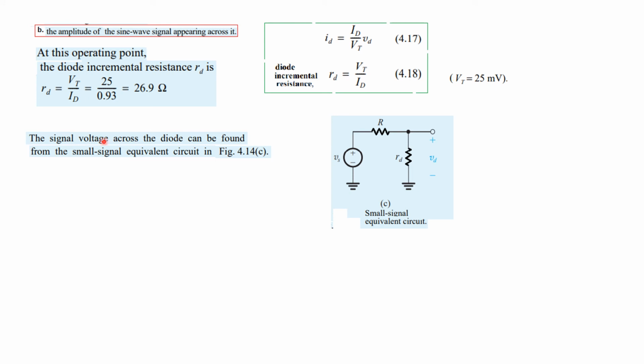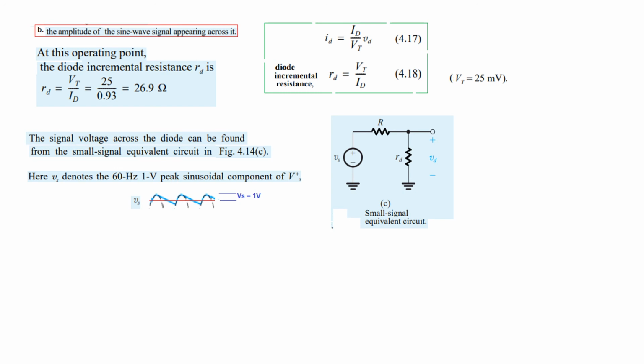Now the signal voltage across the diode can be found from the small signal equivalent circuit. So for the signal voltage or the AC voltage, we'll just use the small signal model, that is the AC voltage appearing across the resistance and the diode resistance. And note that Vs, the AC signal, actually has 1 volt peak.